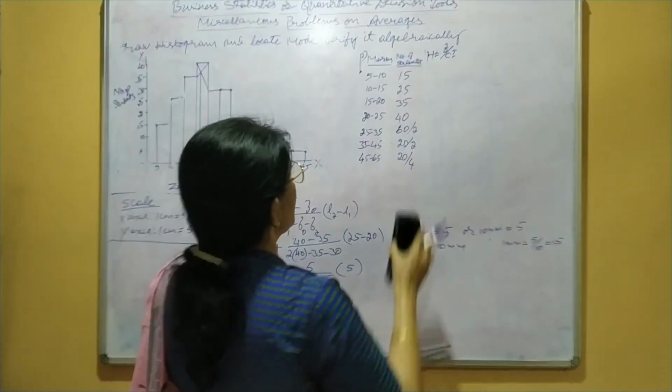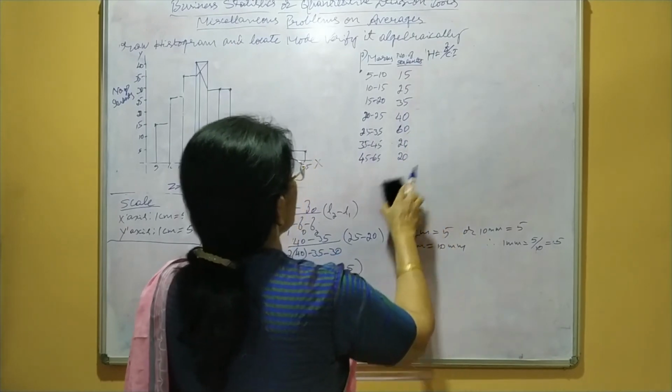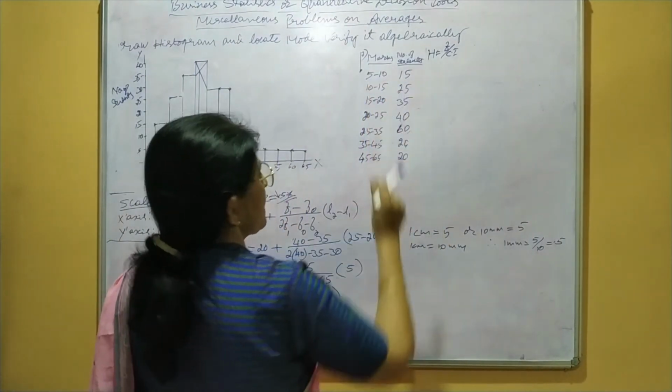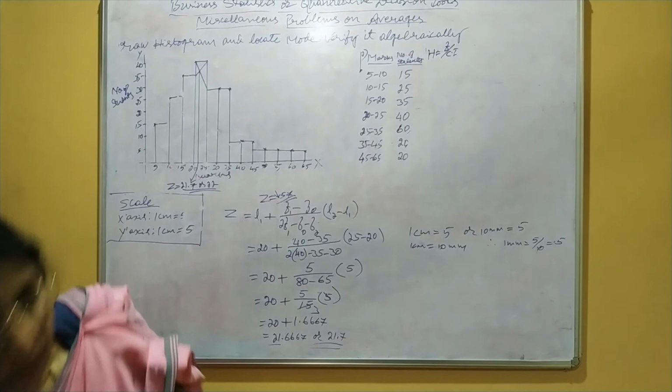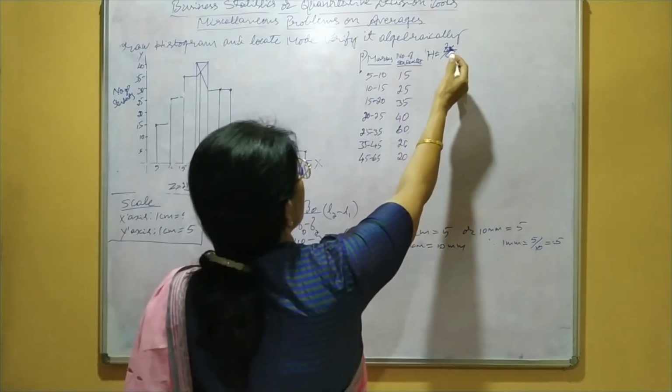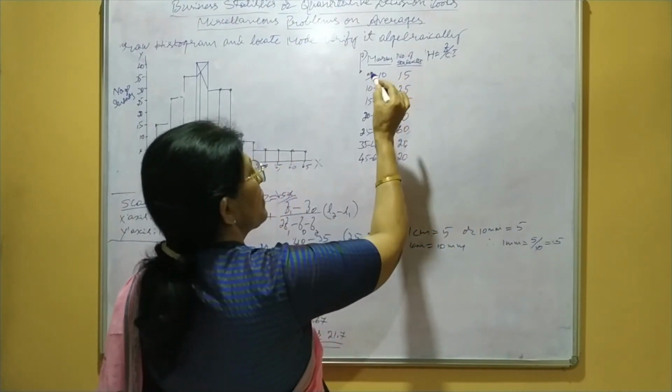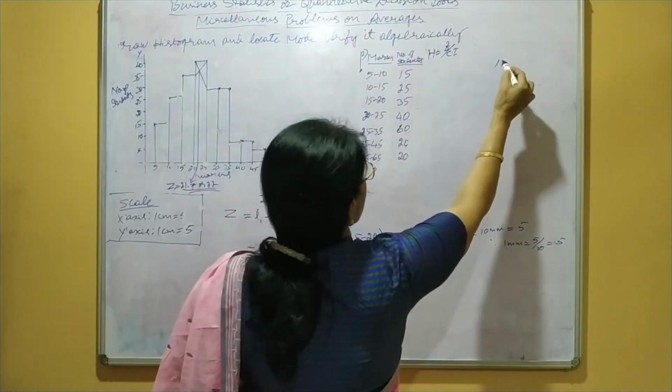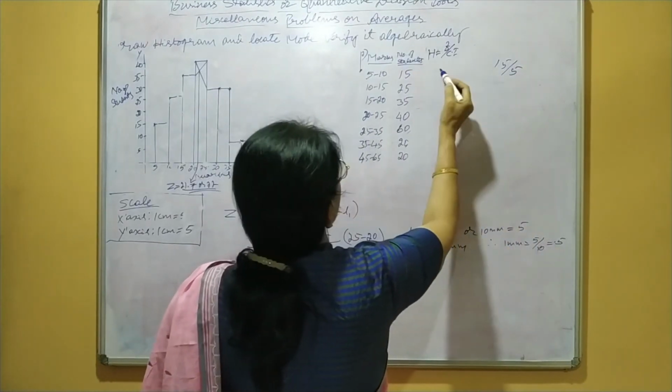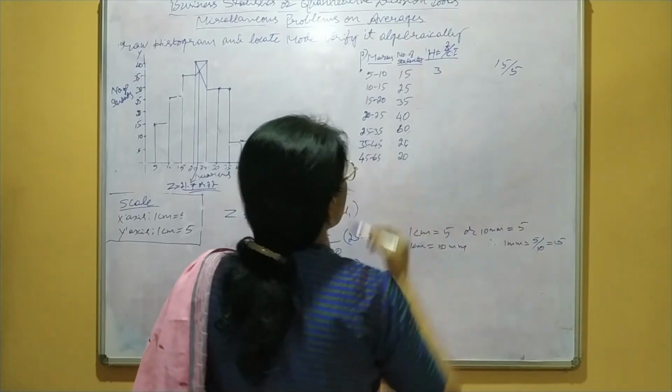That means in the first class, frequency is 15, class interval is how much? 5. 15 divided by 5, that is 3.